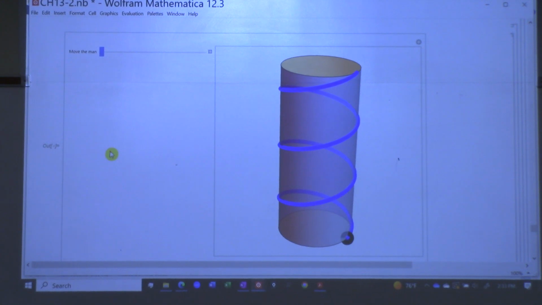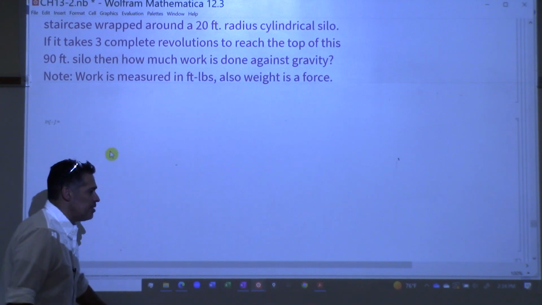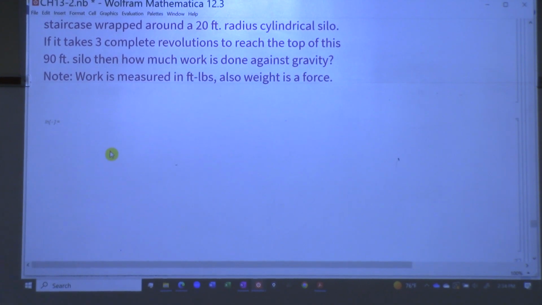But we're going to do this from the mathematical perspective because we don't want to limit ourselves to just certain scenarios, all right? So I'm going to start by seeing if I can figure out what the field is. What's the field? Well, the only force acting on this man is gravity, right? Gravity goes down, yes?